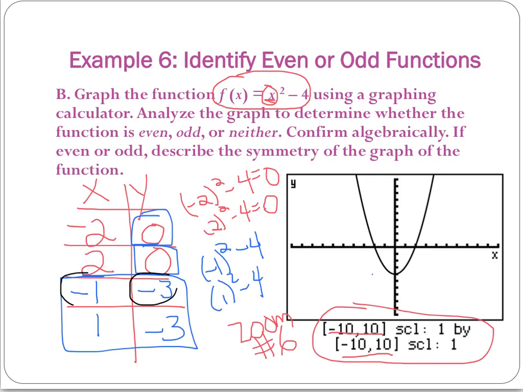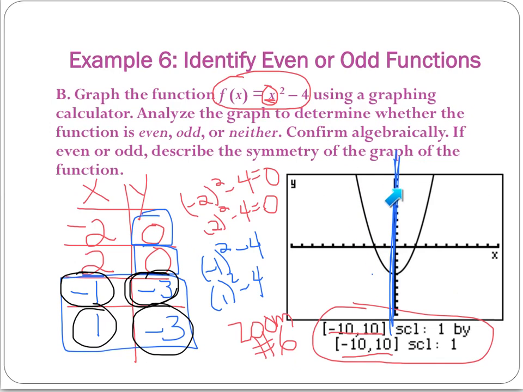And I can see that for opposite x values, negative 1 and positive 1 are opposites, those x values give me the exact same y coordinate, which tells me that the function has y-axis symmetry. And I can see that from the graph if I draw this line through the y-axis. If I fold it along that line, the two halves of my graph would be mirror images of one another.